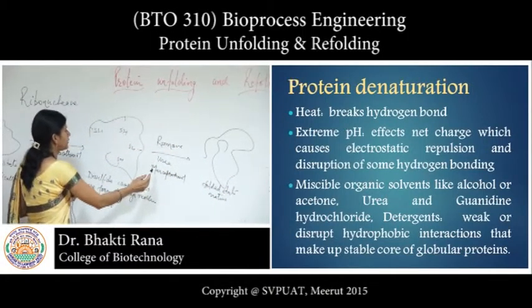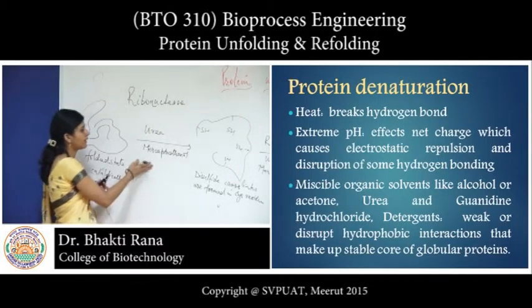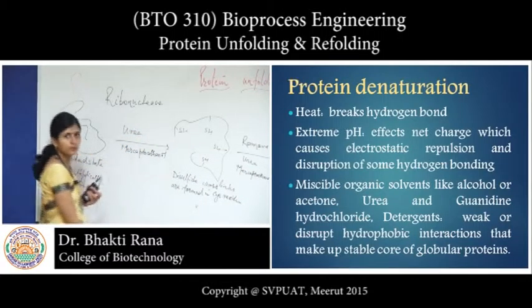So you have seen that urea and mercaptoethanol play a role in unfolding and refolding. When you add them, it will unfold, and when you remove them, it will get into its folded state.